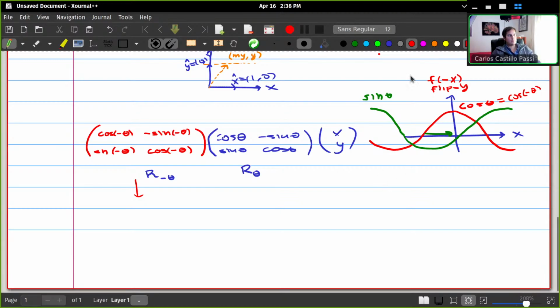If we do the same now with the sine, we can see that the resulting function, sine of minus theta, is the same as the sine, but with a negative sign.